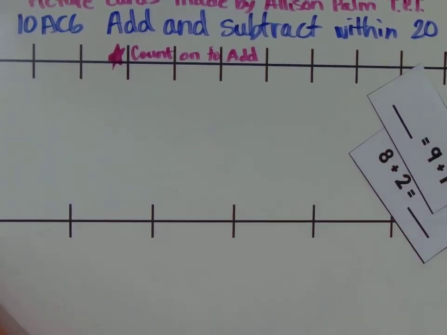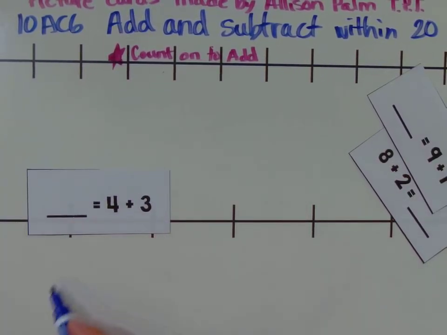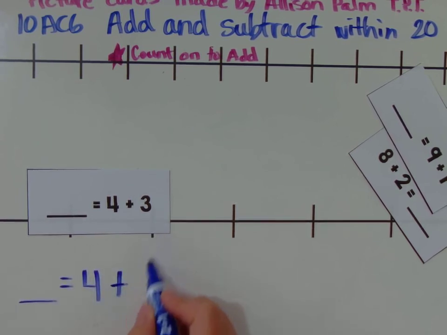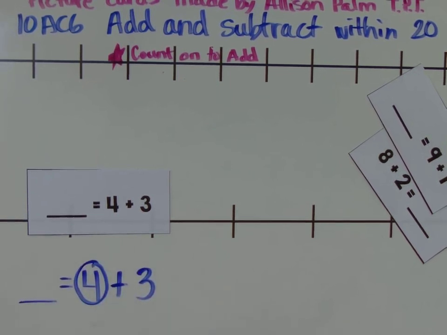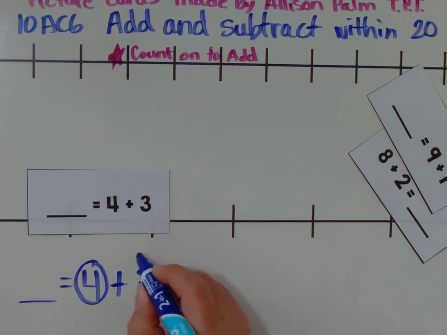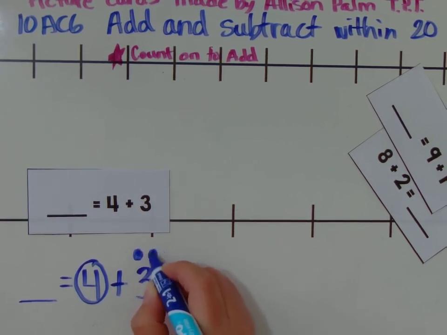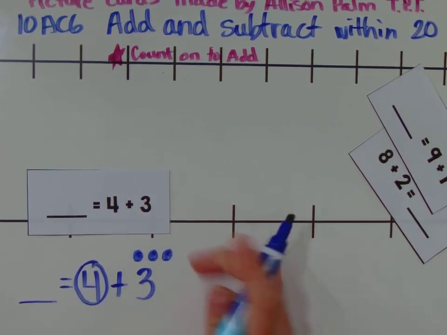Next problem is blank equals 4 plus 3. I'm going to circle my greater number, which is 4, and I'm going to draw dots to represent the number 3. So I'm going to start at 1 and count 1 dot, 2 dots, 3 dots.